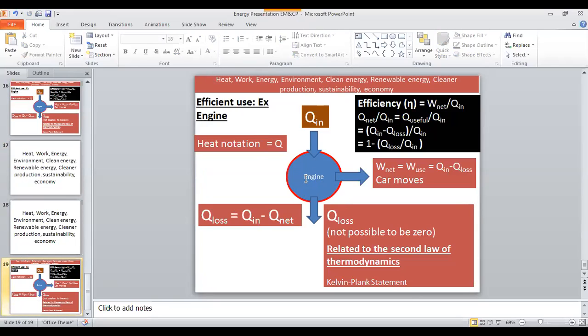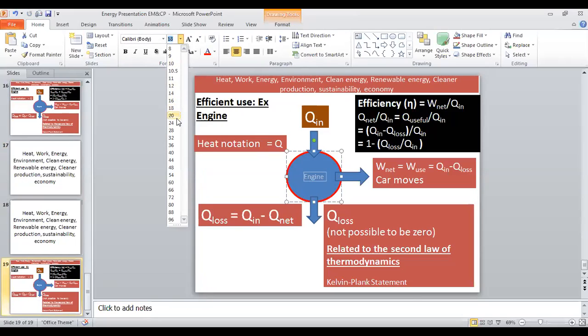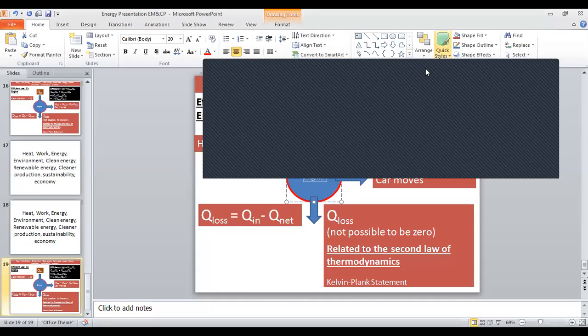Okay, and here instead of engine, I will put thermal process. Okay, thermal process.